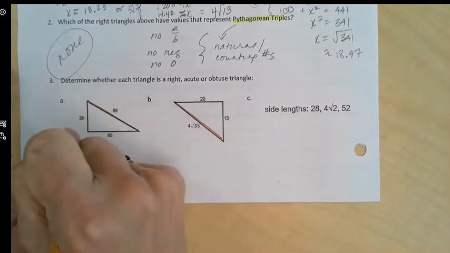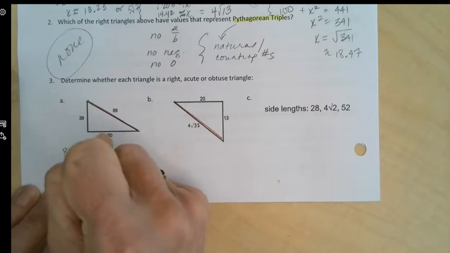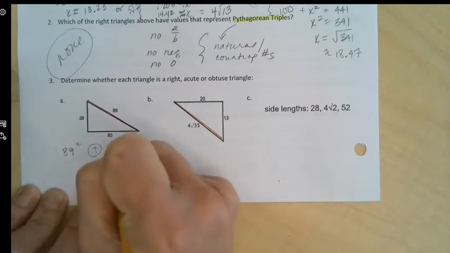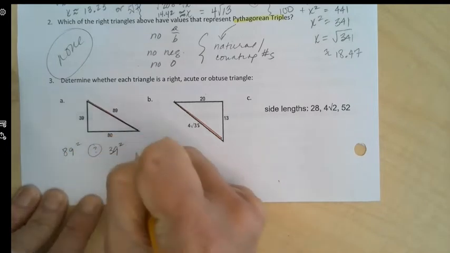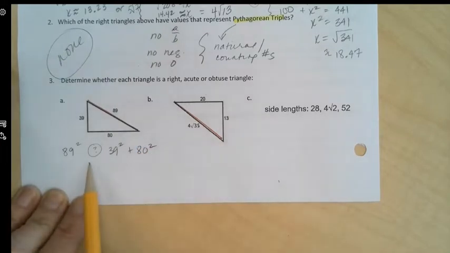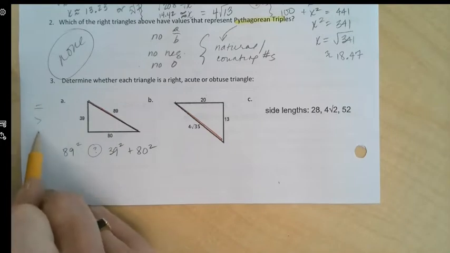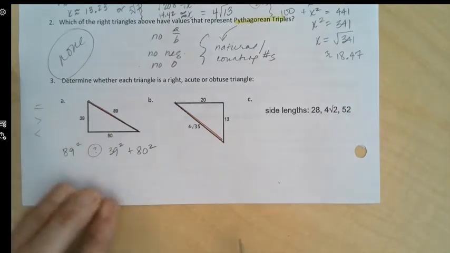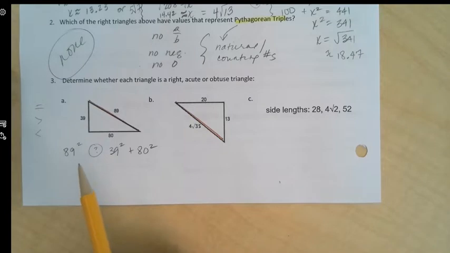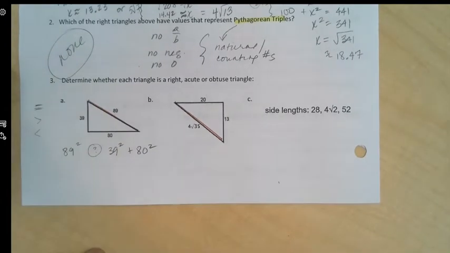So we're going to check out and see what is the relationship between 89 squared, and I'm going to put a question mark in here, when I compare it to 39 squared plus 80 squared. Is it equal to? Is it greater than? Or is it less than? Because if c squared is smaller than, it's going to be an acute triangle. If c squared is greater than, it's obtuse. If c squared is equal to, it's right.